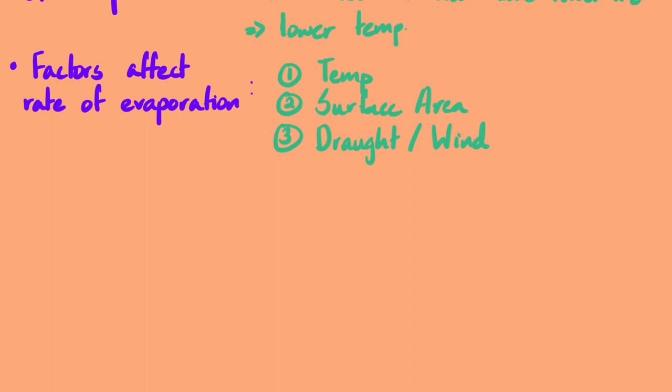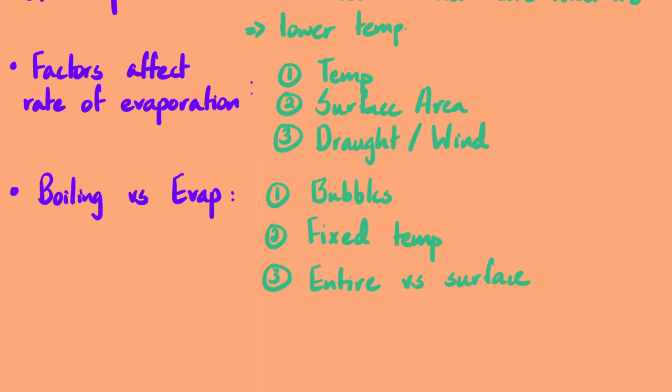Next common idea, and it's still related to evaporation, are the differences of boiling and evaporation. So with boiling and evaporation, one of the main differences is that boiling produces bubbles, evaporation doesn't.